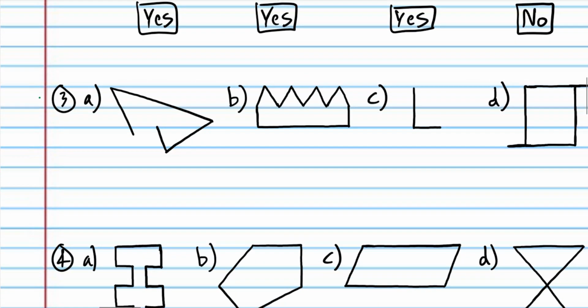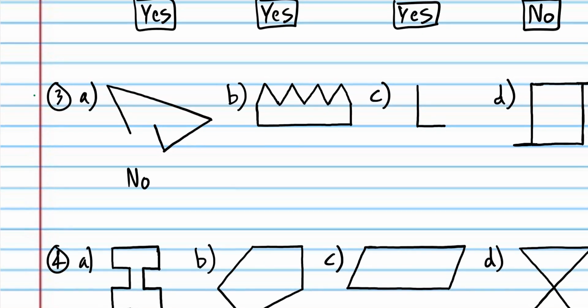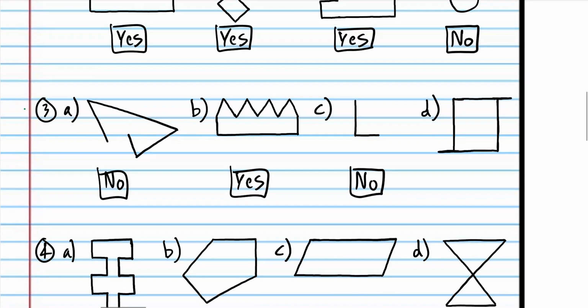Okay, we're back. This is not a polygon because it has an open part. Polygons have to be closed. This is a polygon. This is not a polygon because it's definitely open. The sides don't intersect at endpoints because it's open. It's completely open here.